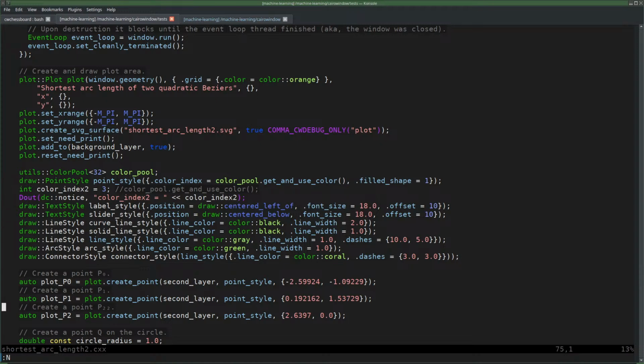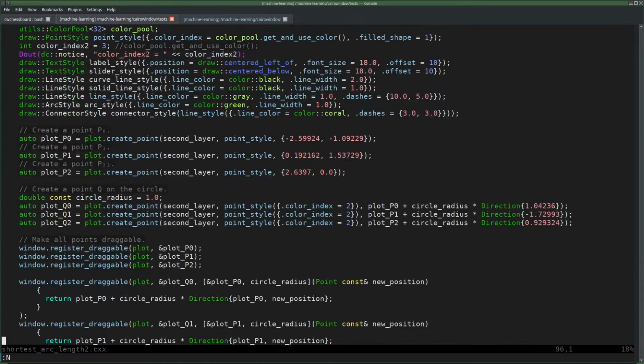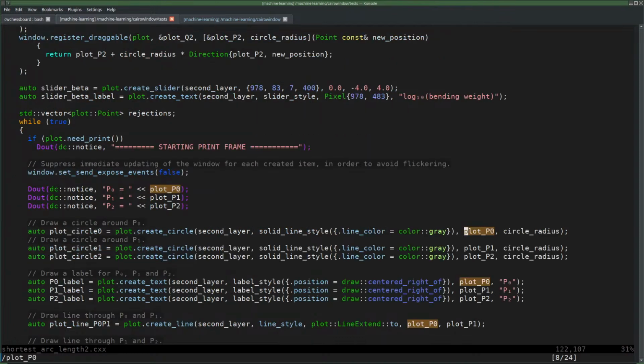I want to have a label for this point. Draw a circle, draw a label.